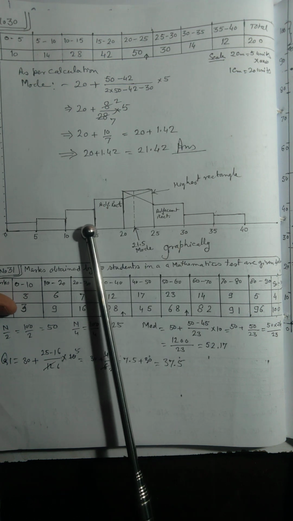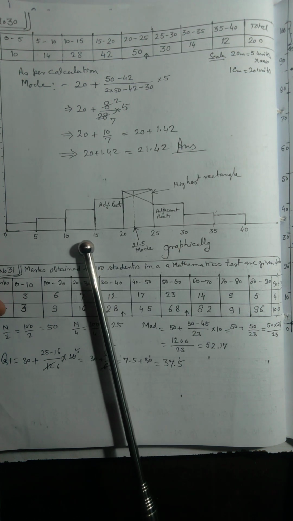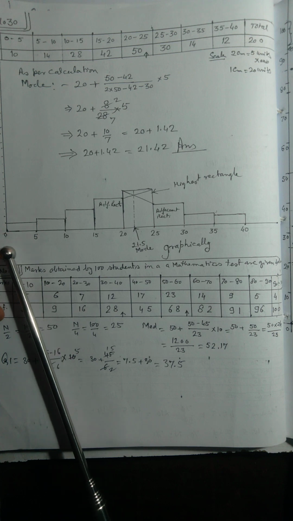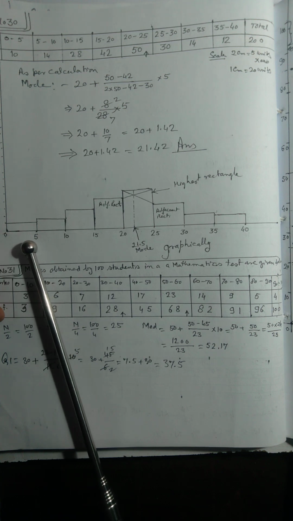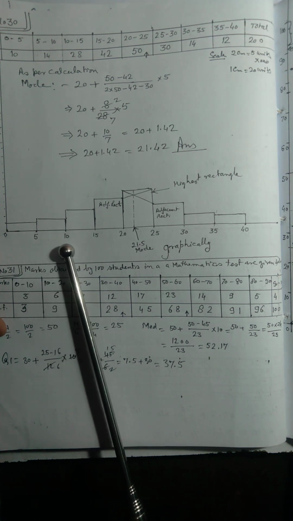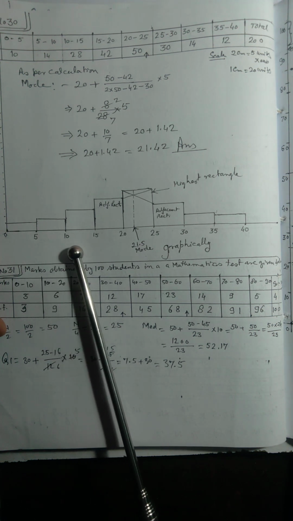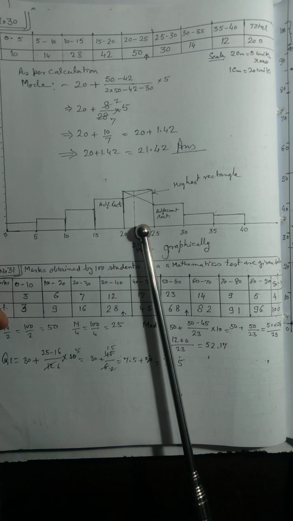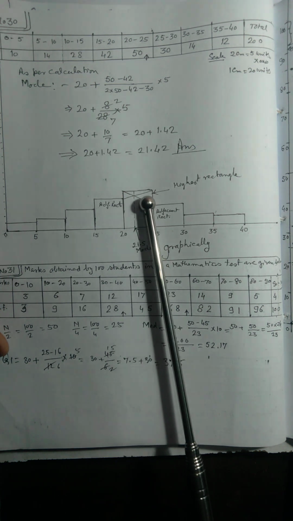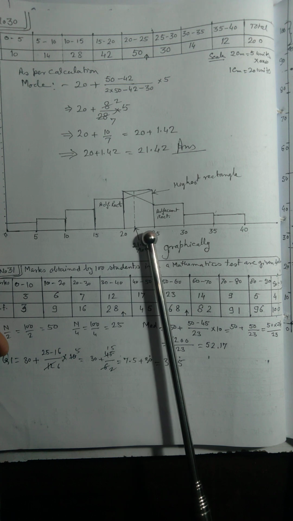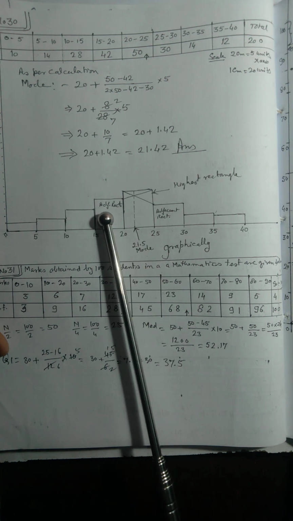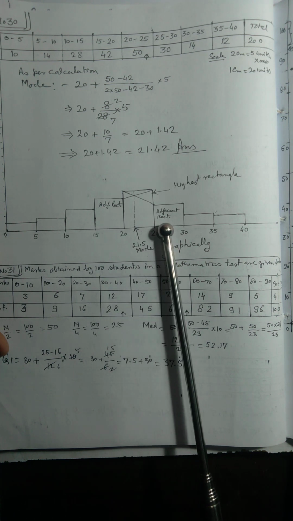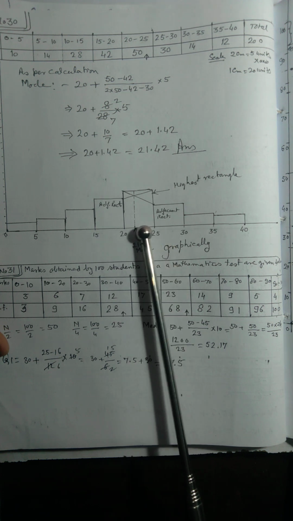Now this can be represented on the graph also. You see, 0 to 5 is 10, 5 to 10 is 14, 10 to 15 is 28, as the vertical height. So here we get the highest frequency column in the histogram, with two adjacent rectangles.